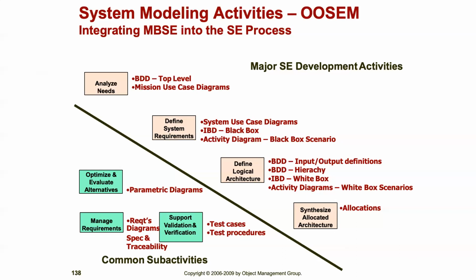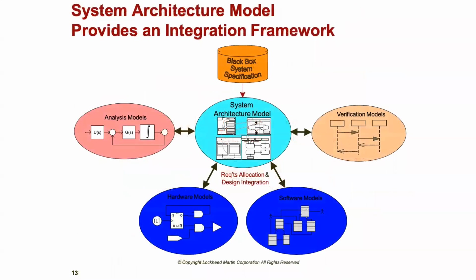So coming back to the system modeling activities, we're now trying to annotate it with the SysML elements per entity. So the system architecting model provides an integrated framework. And so we're seeing how the system architecture model with SysML is going to be key and part of a larger ecosystem.